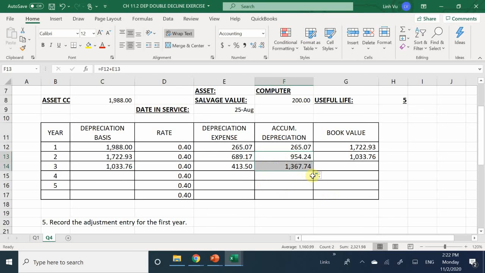Good. Then we take the 1,988 minus the 1,367.74. So the new book value is $620.26. Good.